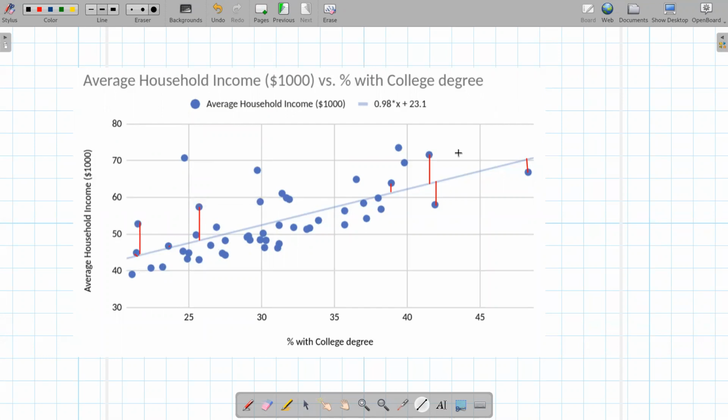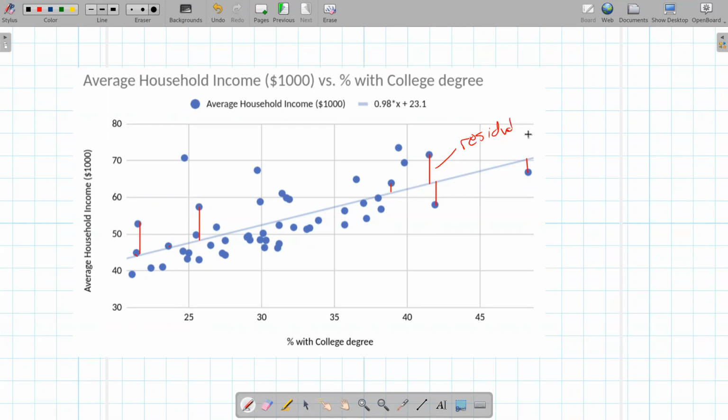So for any other line you were to draw and then calculate all those vertical distances, these vertical distances are called residuals. And we would find that this line drawn by the computer has the smallest sum of all of the residuals possible. There's no other line that does a better job.